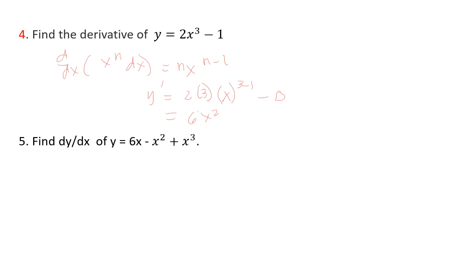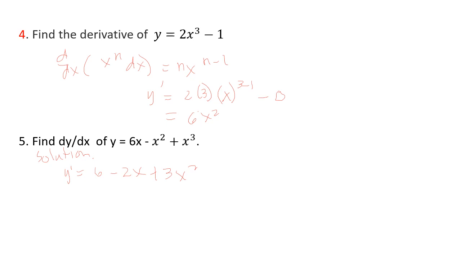So for this one, following the differentiation formula, this one belongs to constant and this, 6x, belongs to the power formula. Also, this one belongs to the power formula. Your solution here would be y prime equals 6 minus 2x plus 3x squared.